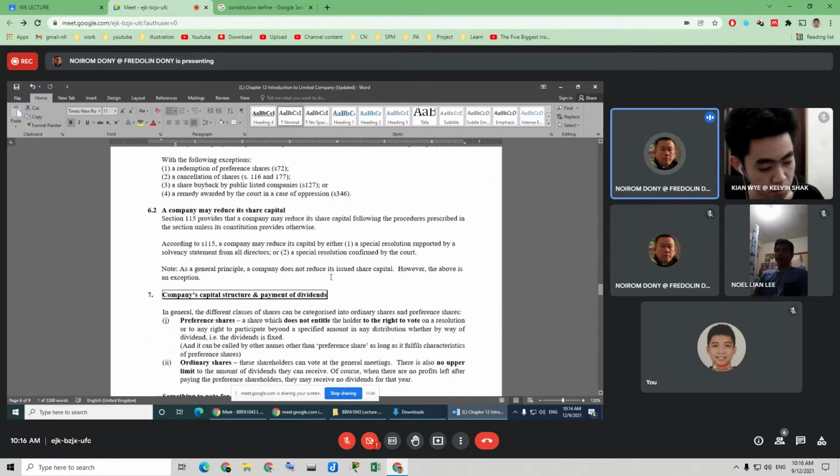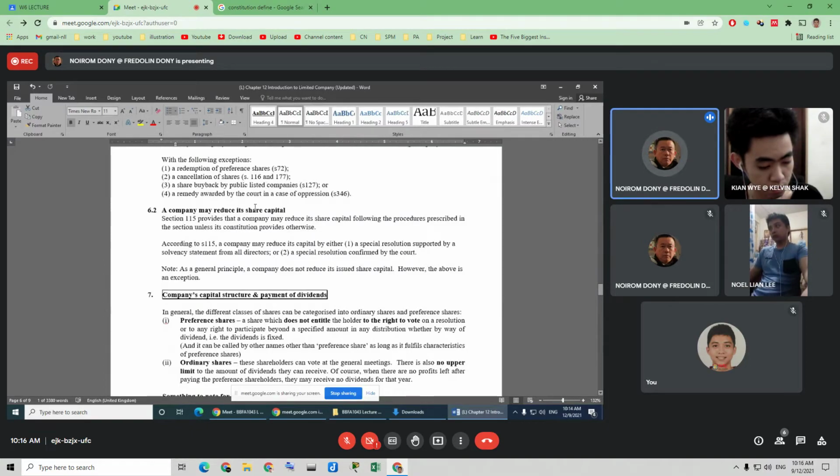According to section 115, the company may reduce its capital by either of these two: one, special resolution supported by solvency statement from all directors; two, special resolution confirmed by the court.